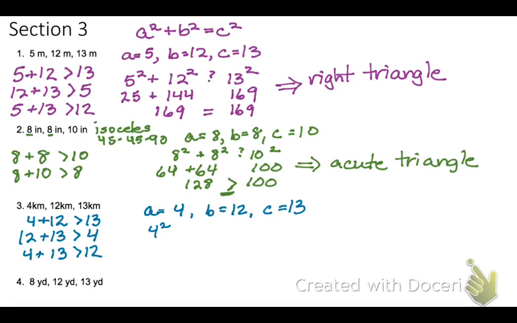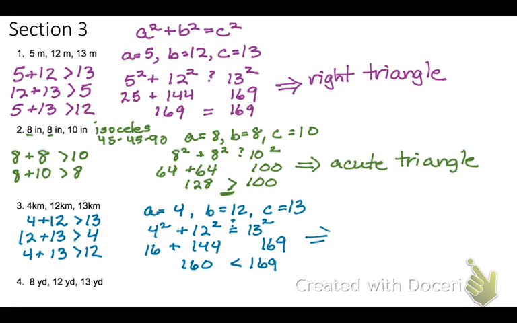So 4 squared plus 12 squared is somehow related to 13 squared. 4 squared is 16, 12 squared is 144, 13 squared is 169. 16 plus 144 is equal to 160. 160 is less than 169. So we have ourselves an obtuse triangle.